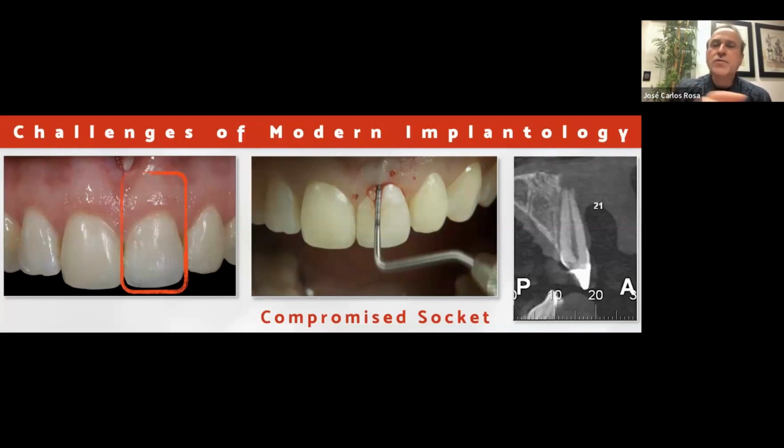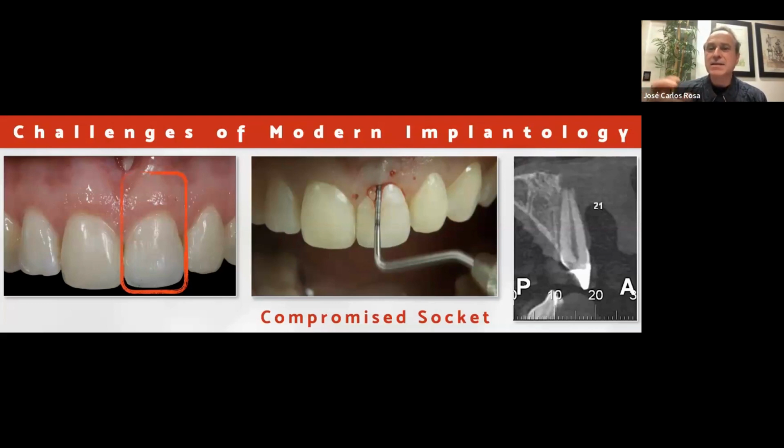And maybe most of the clinicians around the world would go in this direction. But if we go in this direction, probably we will expect some unpredictability of the outcomes. What do you mean, Jose Carlos, when you say unpredictable outcomes? Because we are talking about excellence in aesthetics.